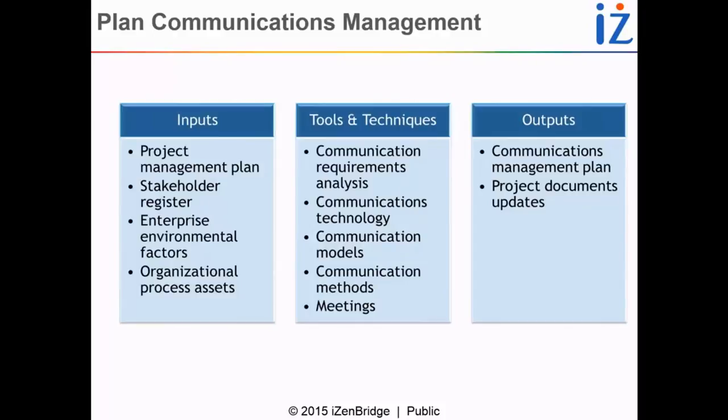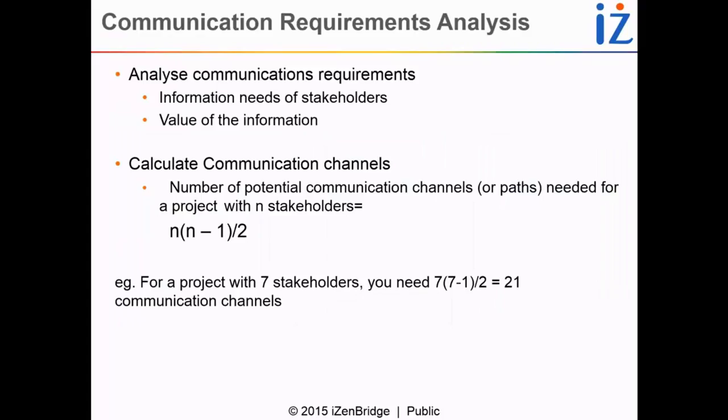As concerns the tools and techniques, there are 5 of them, and we are going into some detail. The first one is communication requirements analysis. Obviously, it's really important to understand what it is we have to communicate, because if the information is not of value to the stakeholders and not of value to the project, then it's actually useless. So this is what we need to do in the beginning when we're trying to plan our communications.